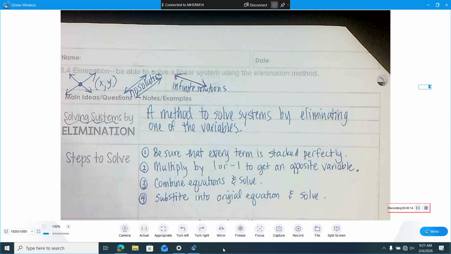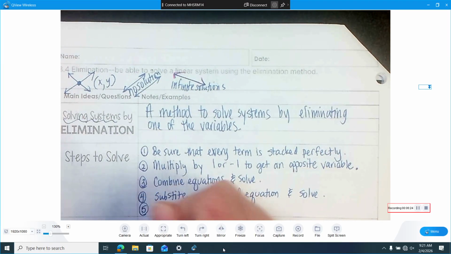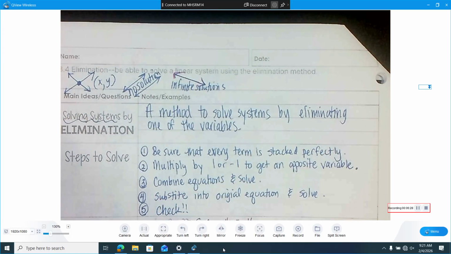And then we're going to take that number and plug it back into one of our original equations and solve again. All right, so it's going to be pretty easy. I'm going to put the last step on here: check your answers. Always a good idea to check your answers. Plug your x and y into your equations and make sure they balance. So that goes pretty nicely.